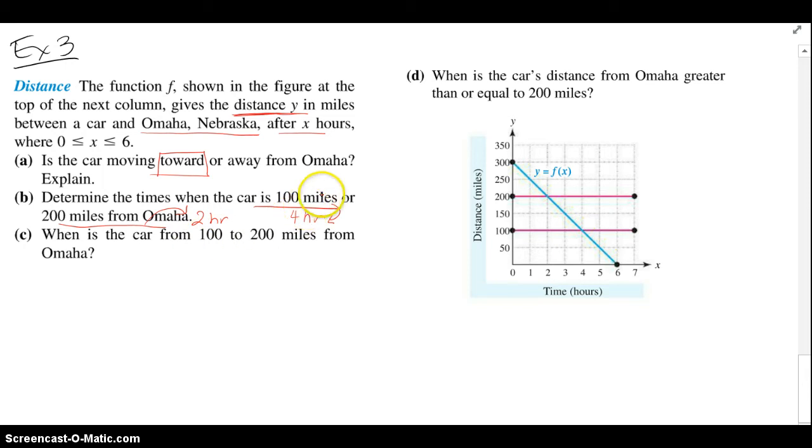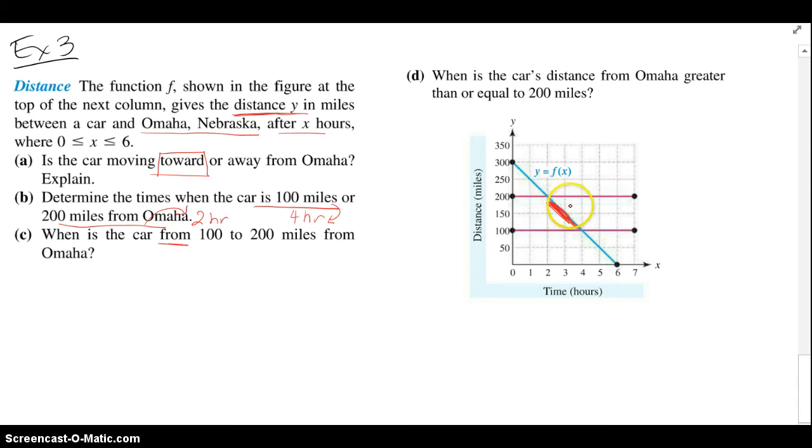So it's not asking about the distinct 100 miles exactly when it happens, or the distinct 200 miles exactly when it happens. It's from 100 to 200 miles. Well, it looks like between the second and the fourth hour, the car is 100 to 200 miles away from Omaha.